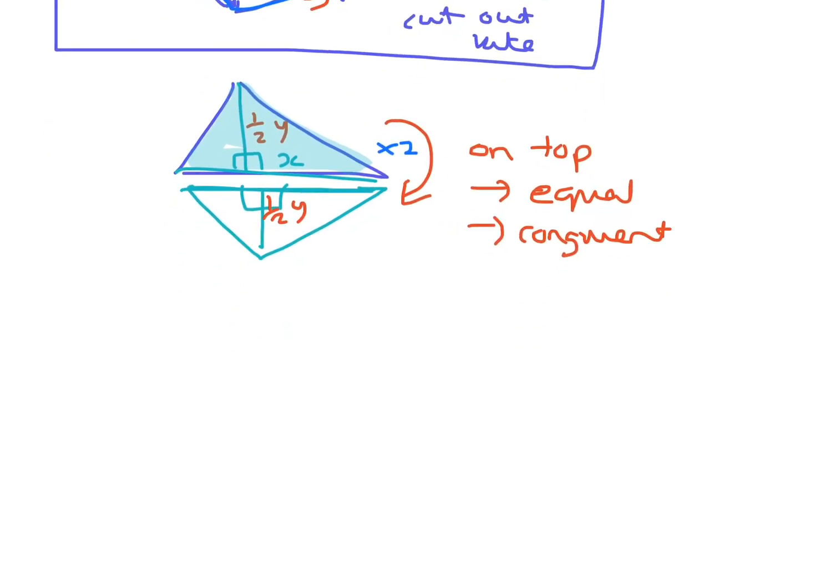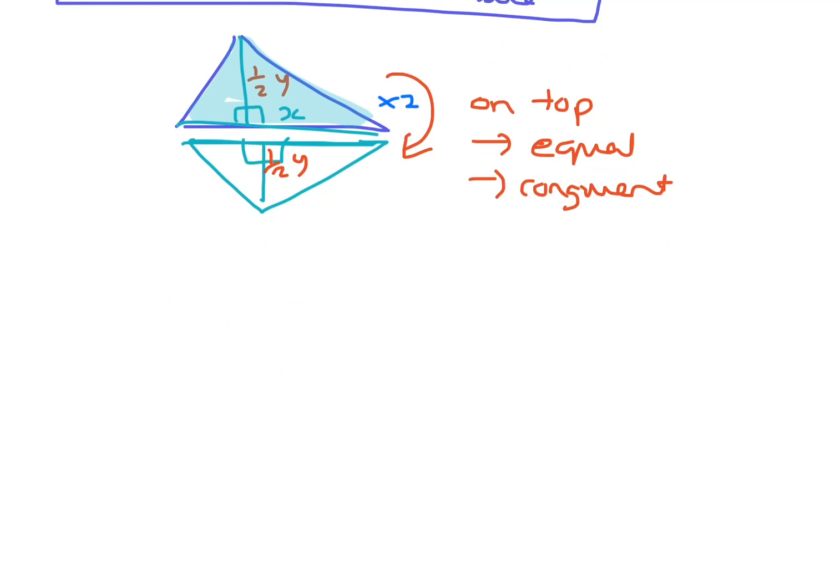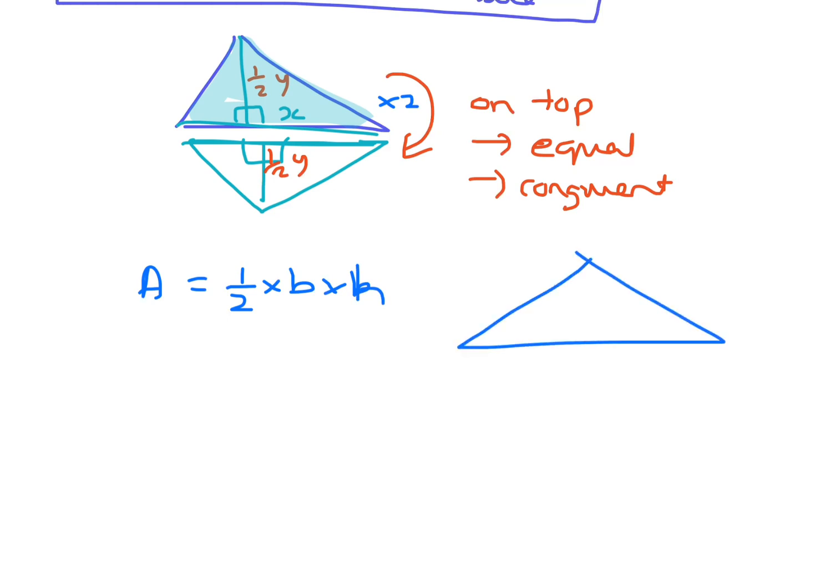So we're going to do this in terms of the X and the Y. The area of a triangle is a half times the base times the height. Now, when you have that triangle, this is a half Y and this part here is X. So it's a half times X times a half times Y, or a half Y.